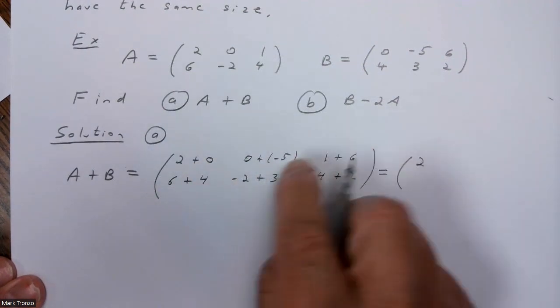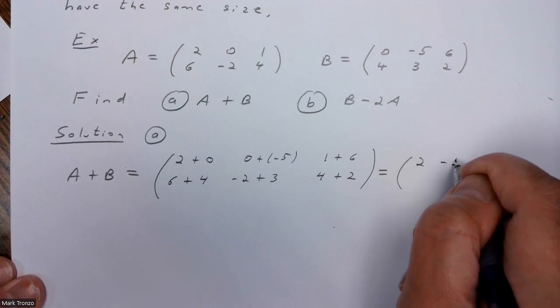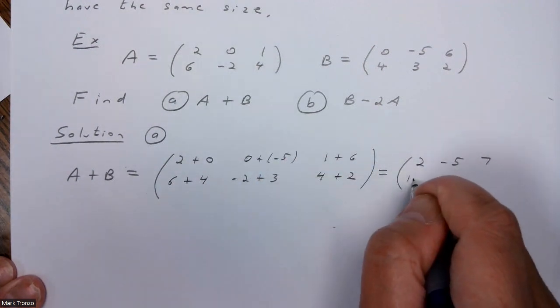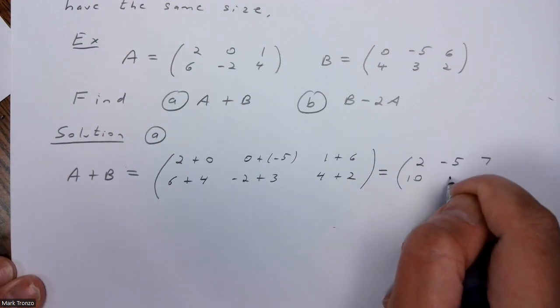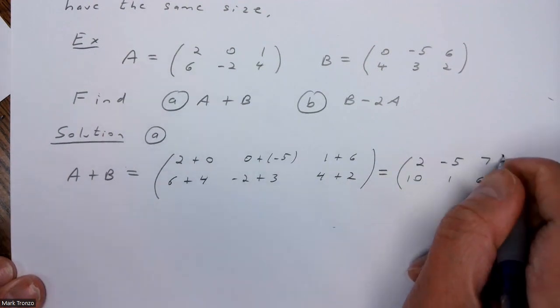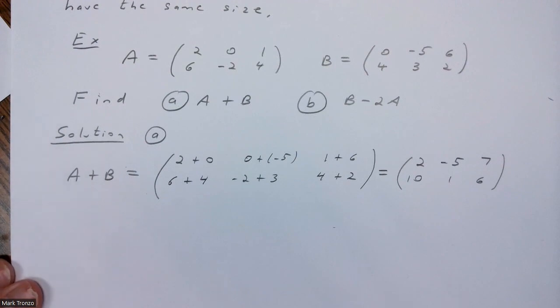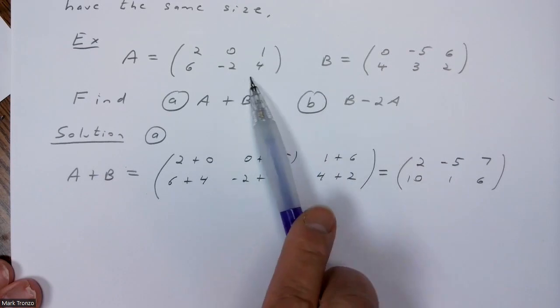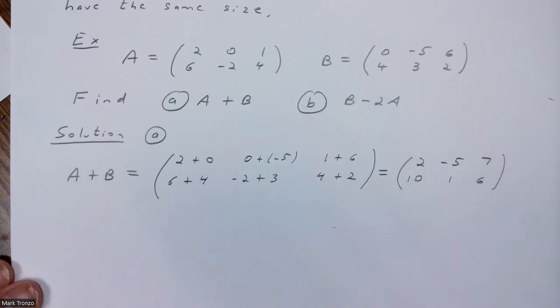And to end up with 2, minus 5, 7, 10, 1, 6. And of course, whenever you add two matrices together, you'll have a matrix the same size as the original. We start out with 2 by 3 matrices, and we ended up with 2 by 3 matrices.